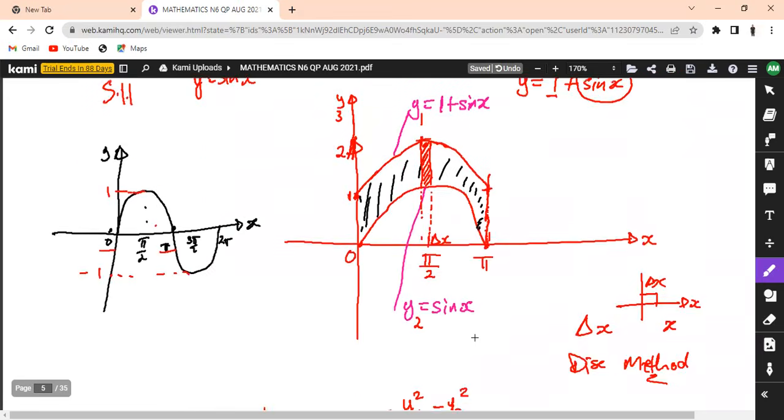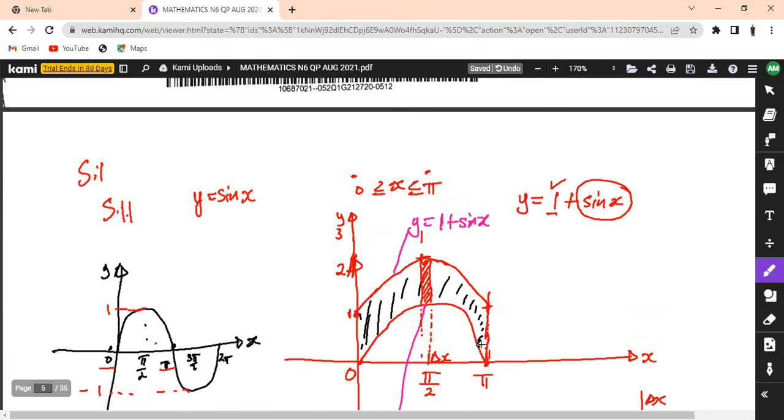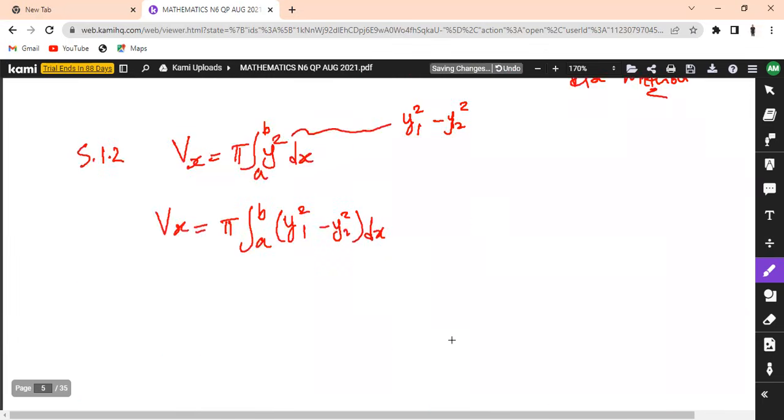So y1 is the upper graph, the one which is on top, minus the bottom graph, which is on the bottom. So y1 is 1 plus sine x, and we are going to square 1 plus sine x here. So that's pi, the integral. What are the limits?